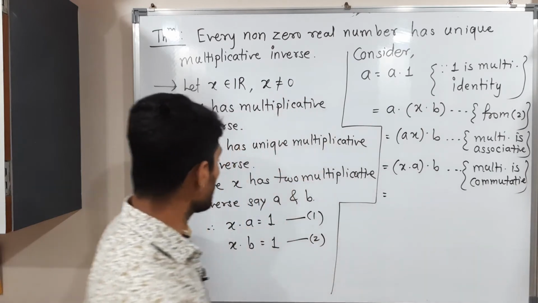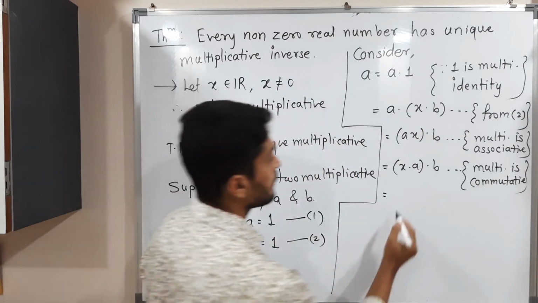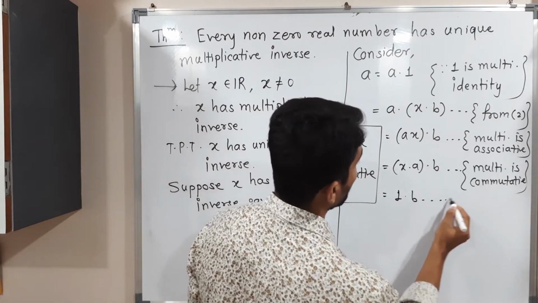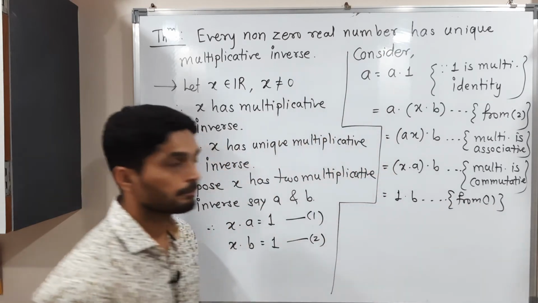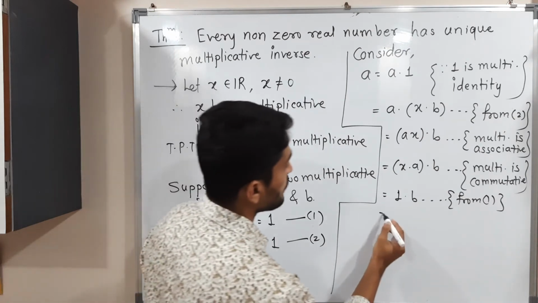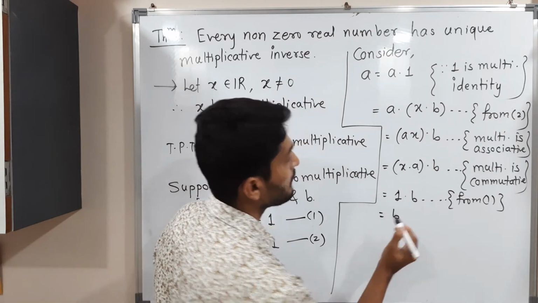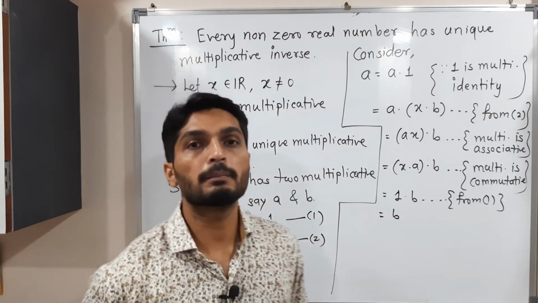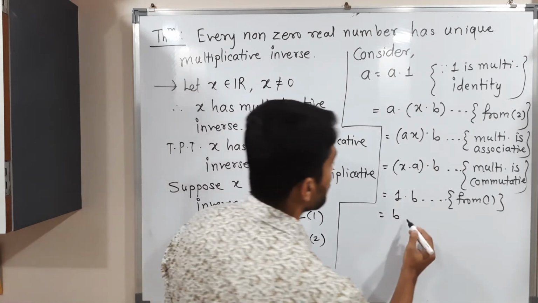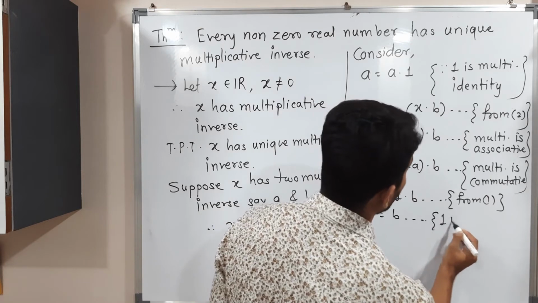Getting? But x into A, that is nothing but 1, into B, because from equation number 1 we get. Getting? So this is equal to 1 into B. This is nothing but B because 1 is multiplicative identity. So if you multiply any number by 1, you will have a same number.